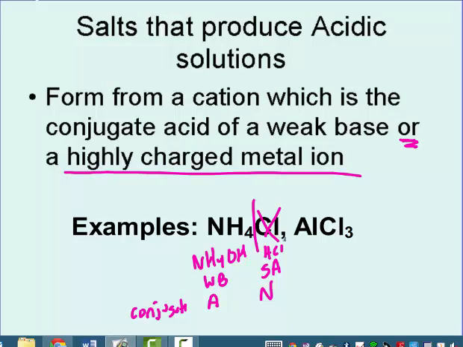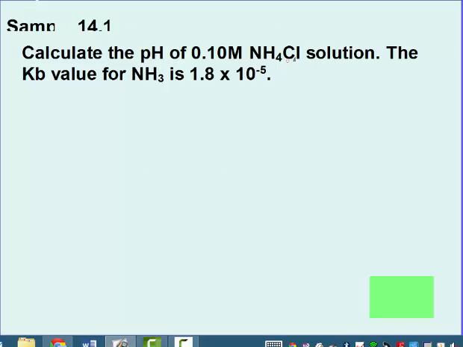Okay, and aluminum chloride you can do the same way by just saying this came from aluminum hydroxide, so that's a weak base, so it's going to be acidic. HCl, strong acid, neutral. That's not completely true, but it would work for figuring out if it's acidic or basic. Kb for NH3, so which one of these do we think is probably the thing that matters?